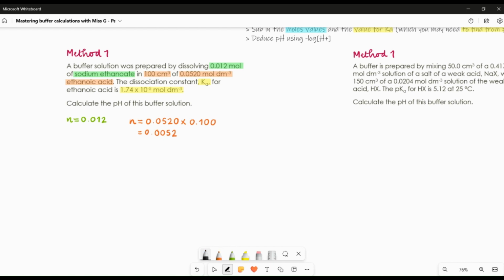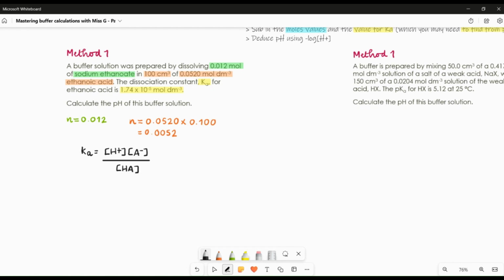So then the first thing that I would do if this was in my exam would be I'd write my Ka expression. So Ka is going to be equal to the concentration of H plus times the concentration of A minus, which is the salt, divided by the concentration of HA, which is my weak acid.